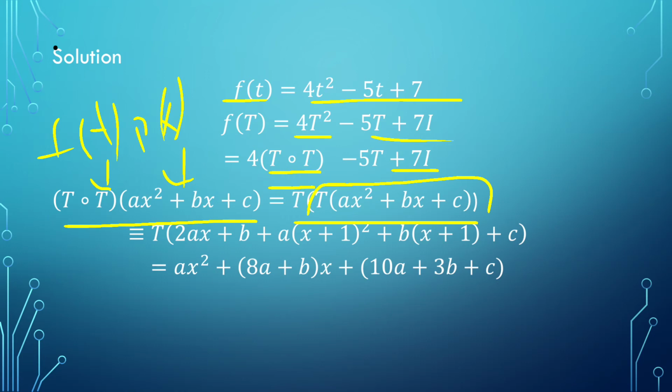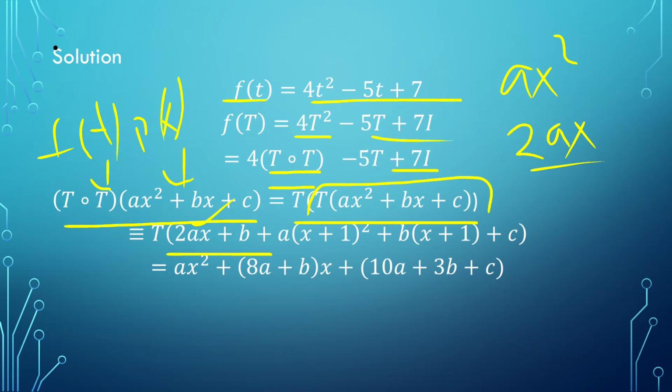It will first differentiate. So the derivative of ax squared is 2ax to the power 2 minus 1, and therefore you have 2ax.